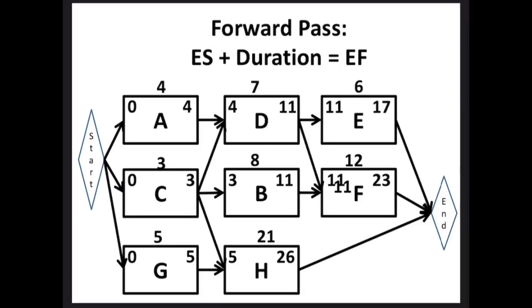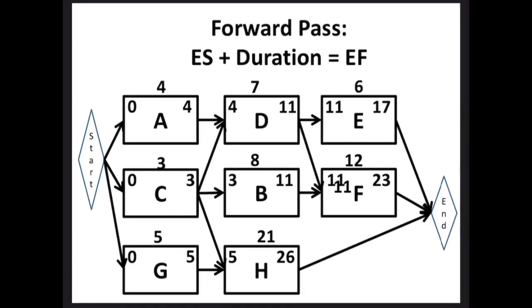So B only needs C for it to start. C is the predecessor of activity B as in Bravo. Is that clearer? Yes, thank you. Of course. So we have the activity B with its early start of 3 plus the duration of 8 gives us 11 as its early finish. Excellent.